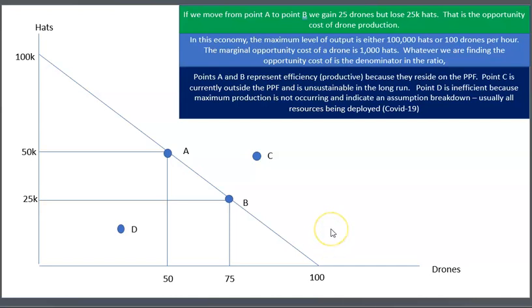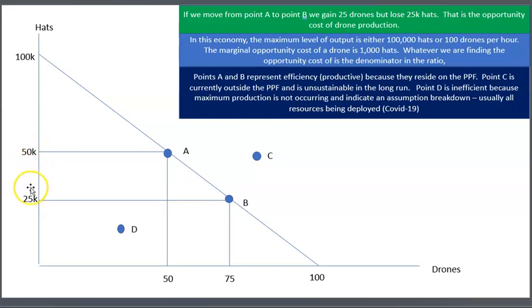How does this show us opportunity cost? Well, pretty straightforward. So let's say we're at point A, we decide to move to point B. So when we go from A to B, we gain 25 drones. Well, what's our next best alternative? Well, it was to reduce at point A and produce 50,000 hats. What are we giving up?